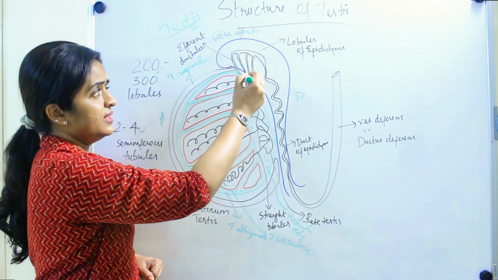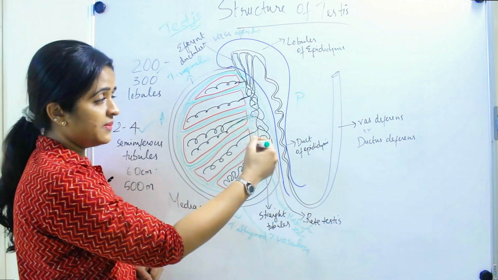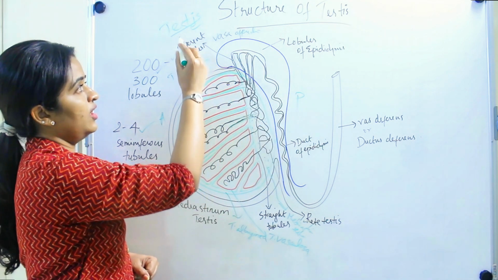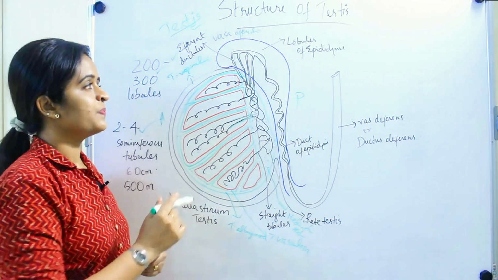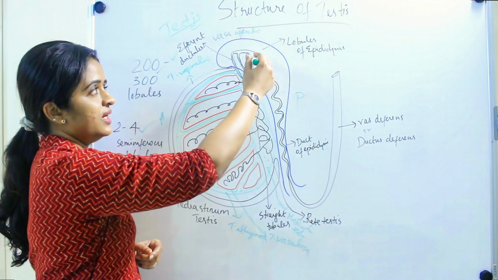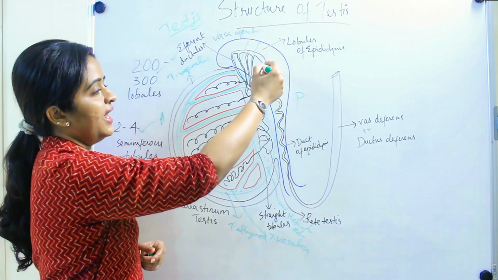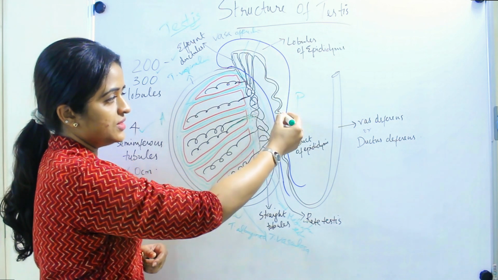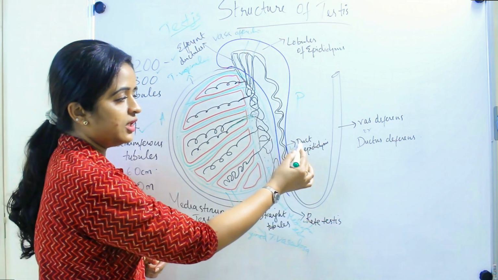These straight tubules coming out of the rete testis, you call them efferent ductules or vasa efferentia. Finally they enter into the lobules of the epididymis, and from there you can see another coiled structure, which is a single structure known as the duct of epididymis.